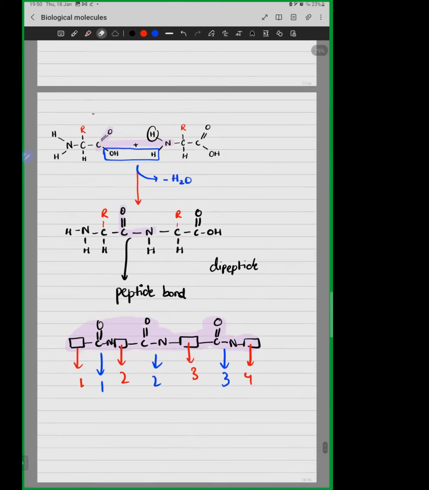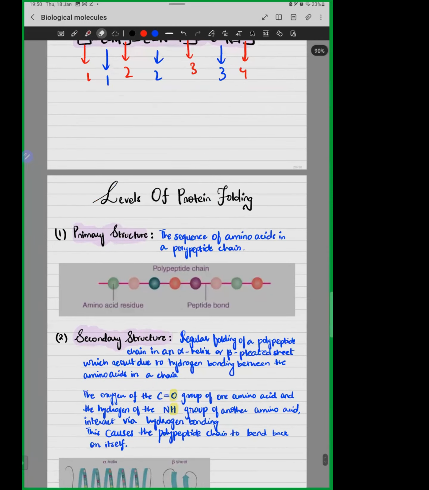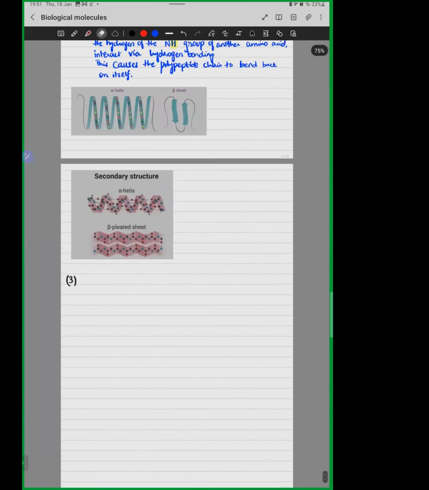Now, moving on to the level of protein folding. When we were studying cell structure, we said that we have a process which we call protein synthesis.